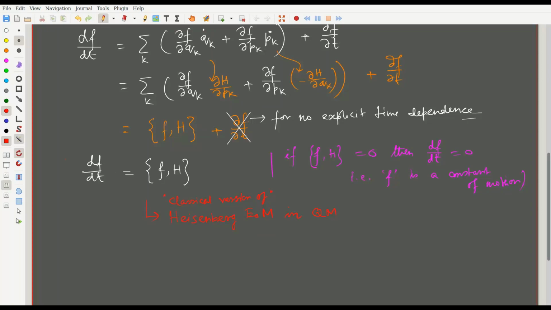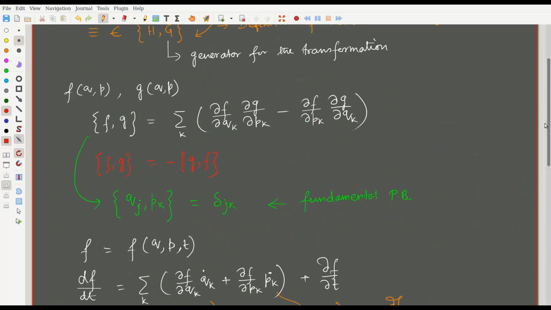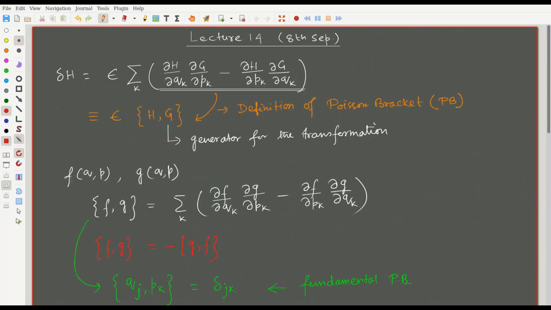All right. Now you put together two pieces of information. One is this dF/dt equals the bracket of F with H, and the other, from the beginning, that delta H equals epsilon times the bracket of H with G. So you notice that if G commutes with H, by commutes I mean the Poisson bracket is 0, then G generates a symmetry.